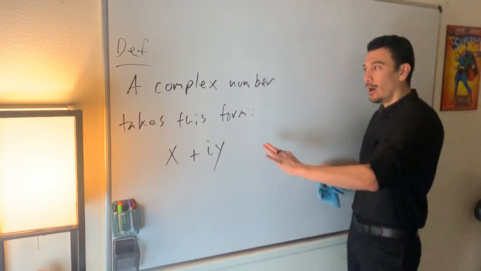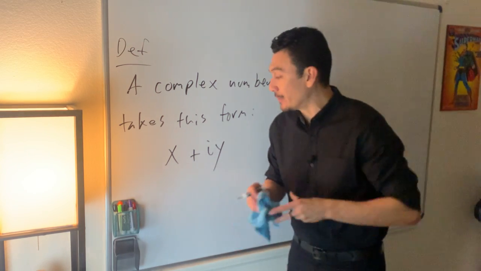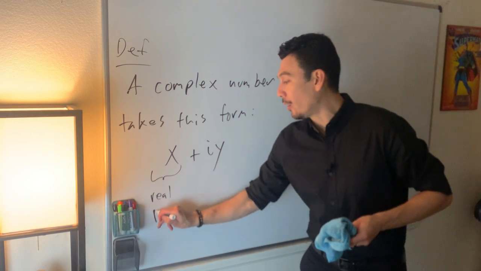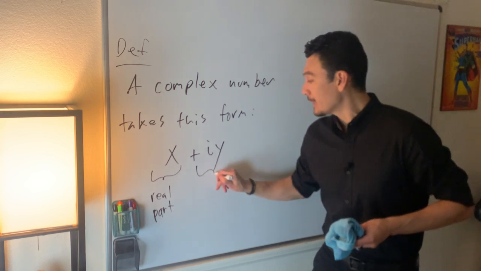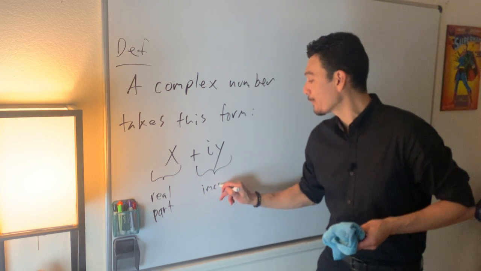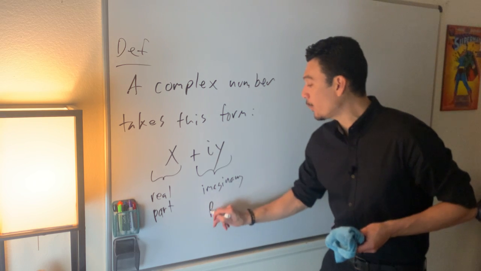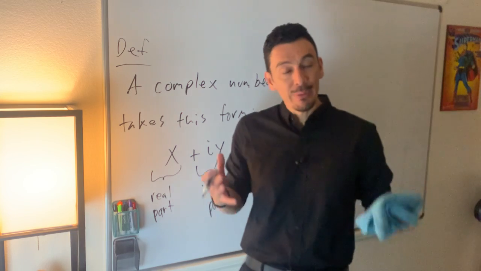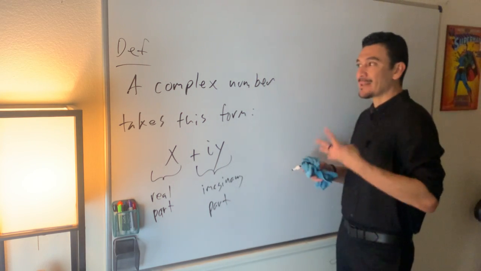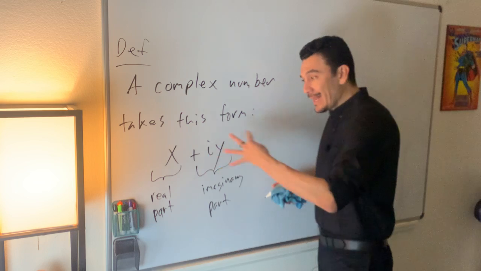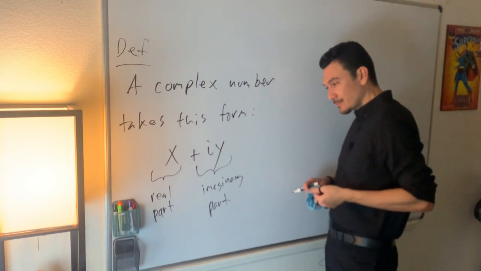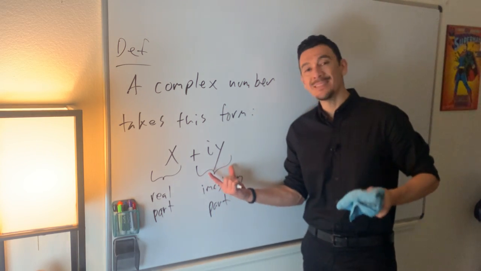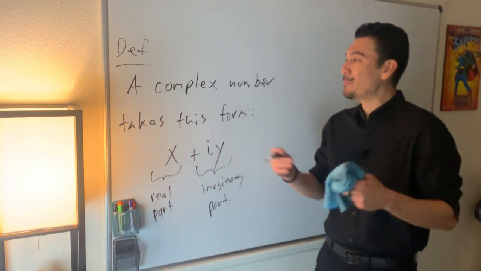This is what we call a complex number, where this part here is what we call the real part, and the part in the back is what we call the imaginary part. So that's what a complex number is. A complex number is a number that has two parts, where one of the parts is real and the other part is imaginary. That's what a complex number is.